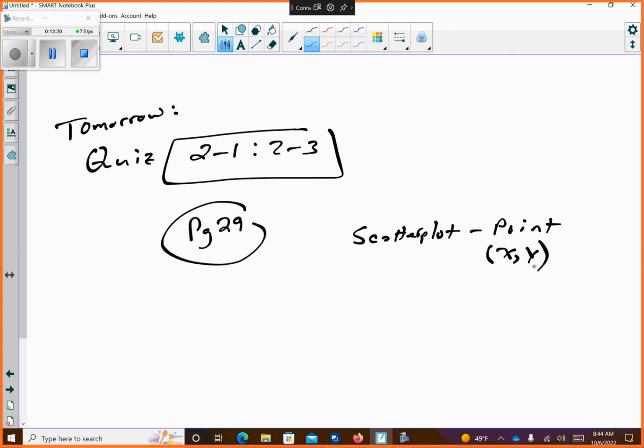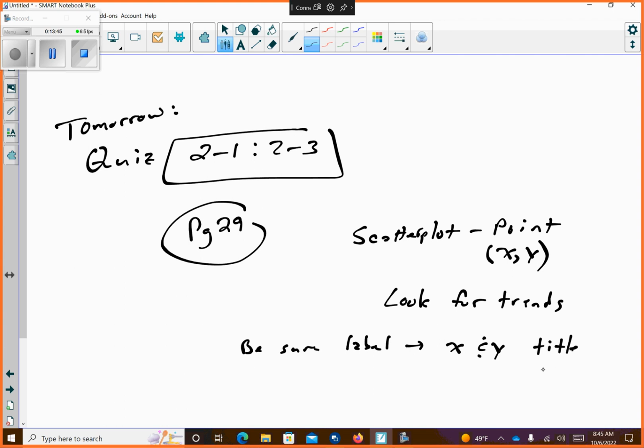All right. When you have a scatter plot, look for trends. That's important to know. Scatter plot. Be sure you label. Okay, label the X, label the Y, title it. Make sure you have the units.